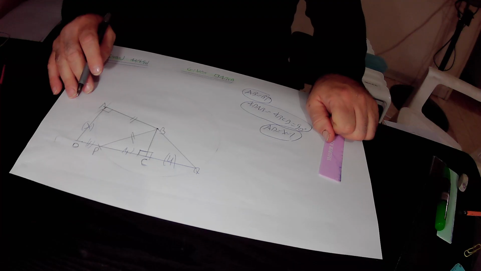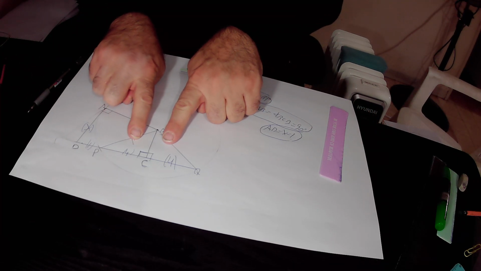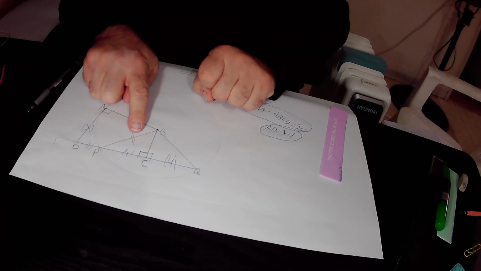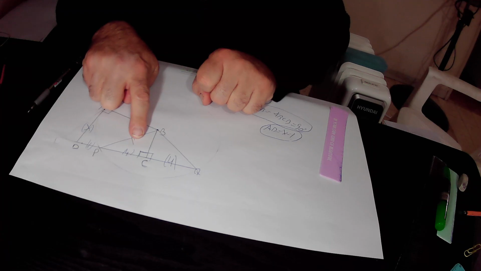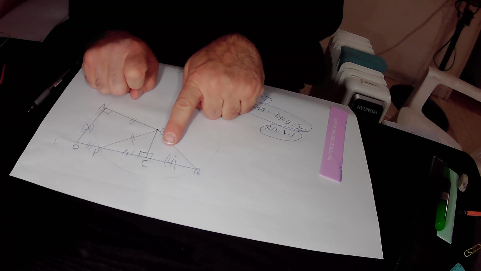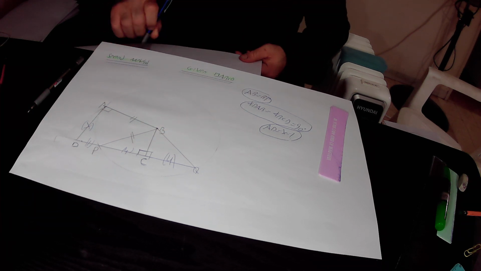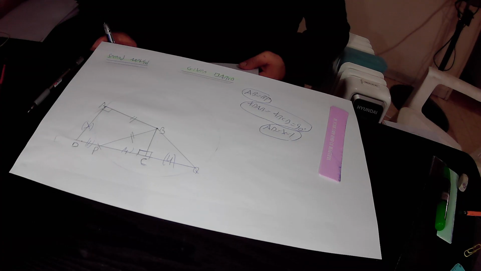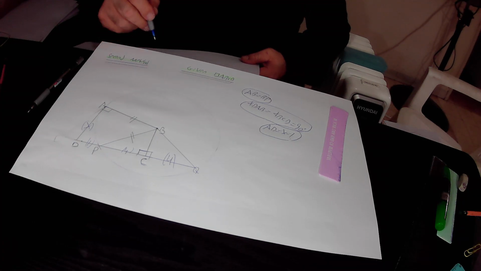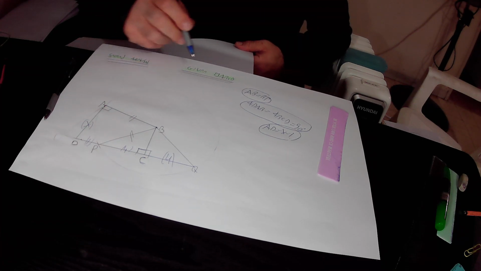In the next step, we will prove that those two right triangles are congruent according to the side angle side rule.